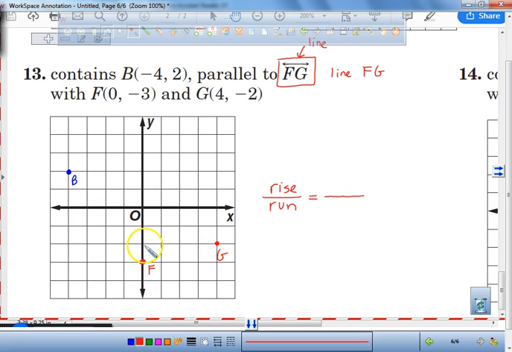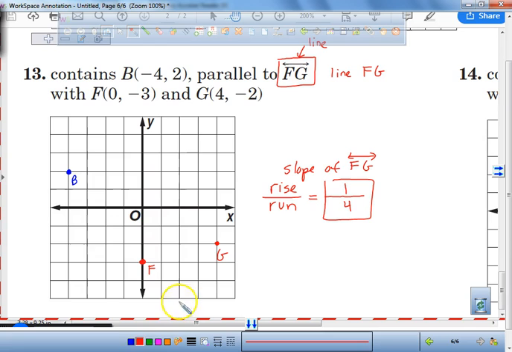How much does it go up? 1. How much does it go over? 4. So the slope of FG is 1/4. And what did I say? Parallel lines have the same slope.